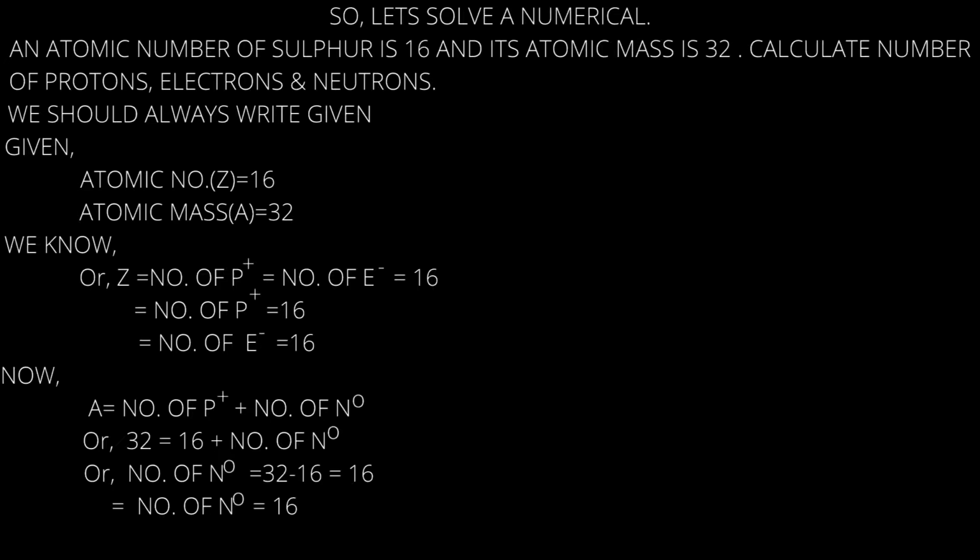Now A equals number of protons plus number of neutrons, or 32 equals 16 plus number of neutrons, or number of neutrons equals 32 minus 16 equals 16. Therefore, the number of neutrons is 16.